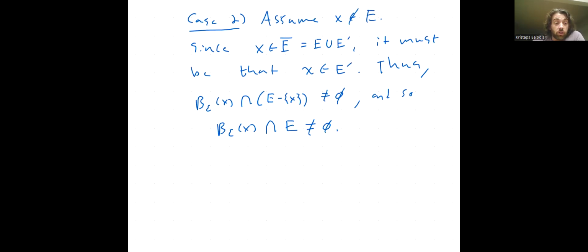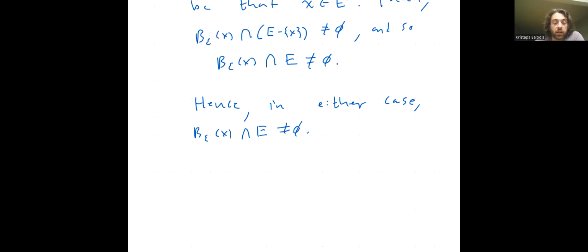Okay, so hence, we just wrapped up in both cases showing what we want. So we should say hence, in either case, this intersection is non-empty.